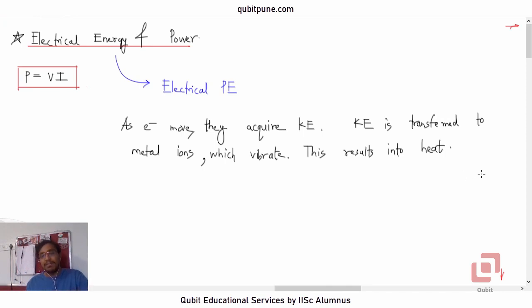That's why we find the conductor getting heated when you touch it, if the current is flowing.